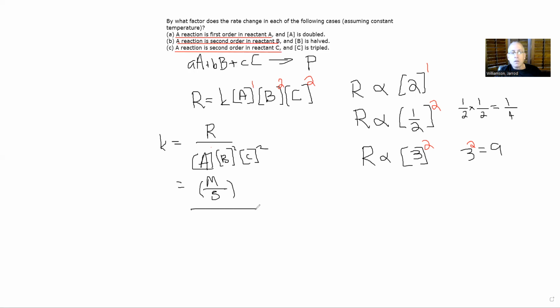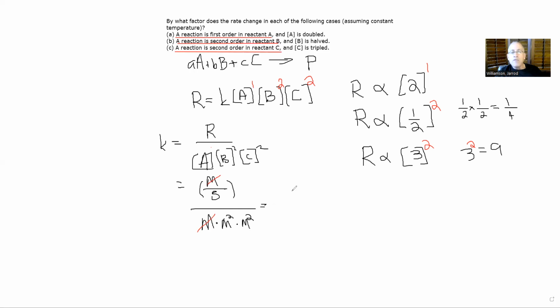A will have units of molarity. B will have units of molarity squared. C will have units of molarity squared. And then this molarity will cancel with one of these molarities.